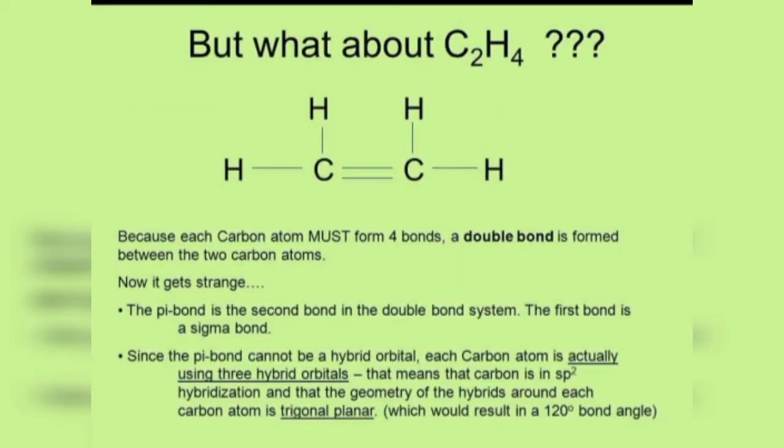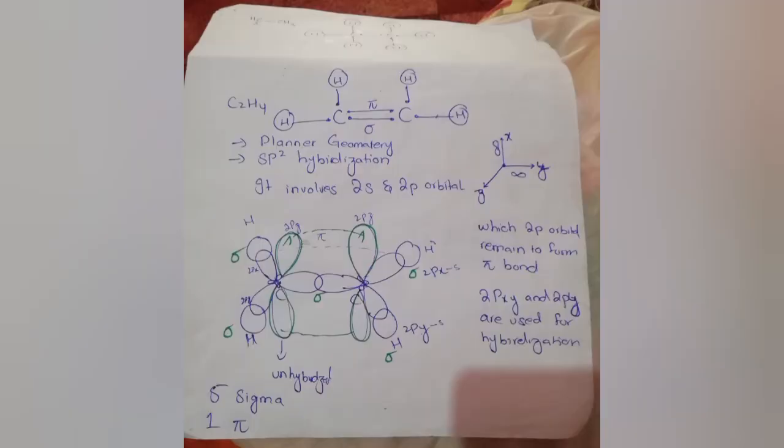We can take the example of ethene, where we see a double bond. The first bond is the sigma bond and the second bond is the pi bond. The double bond is formed between two carbon atoms. In this case, ethene has a planar geometry and the carbon atom has sp2 hybridization.